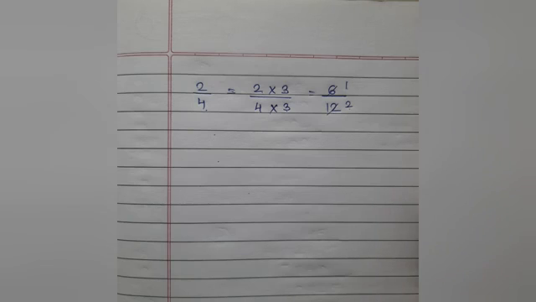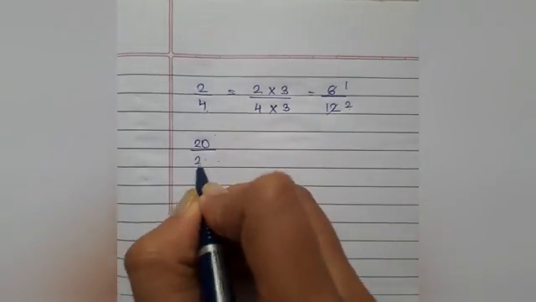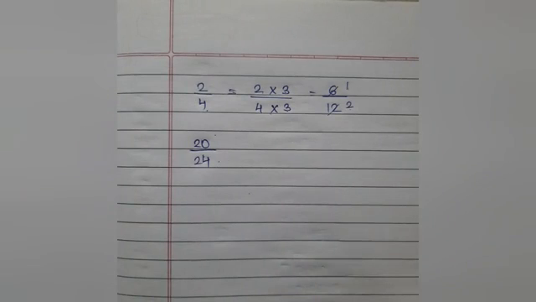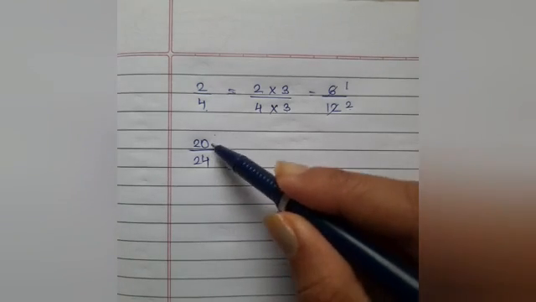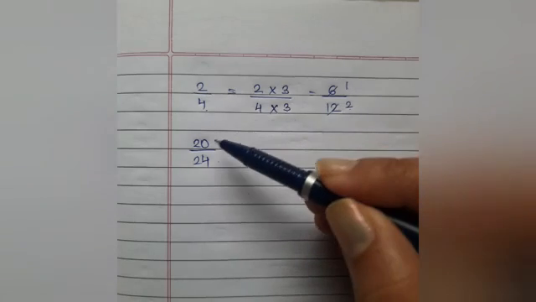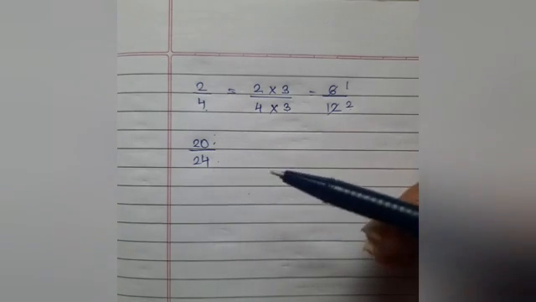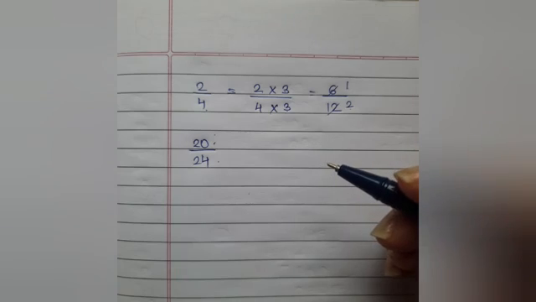Even if we divide the numerator and denominator by a number, we will get an equivalent fraction. For example, if we have the fraction 20 upon 24, observing this fraction, we can say that 20 and 24 come in the table of 4.